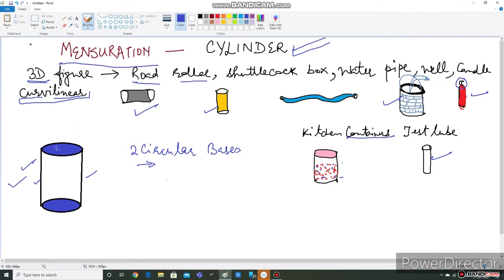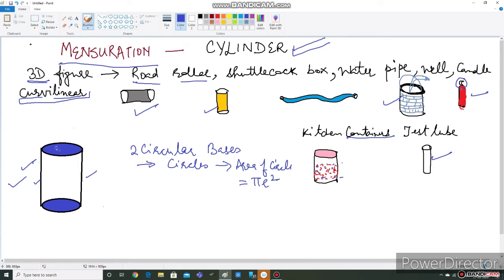These circular bases will be treated as circles, and whenever you have to find the areas of these two circular bodies, we will always use the formula of area of a circle, which all of you know is pi r square. Okay, it was the one thing which I shouldn't have told here, but I told. So always imagine a circle whenever you are talking about the top and the bottom, right? Then it has got curves, sorry, these are straight lines, right?